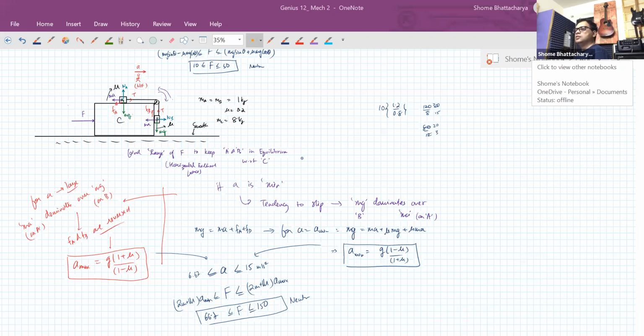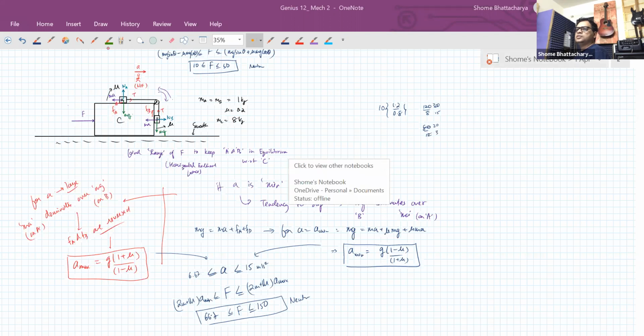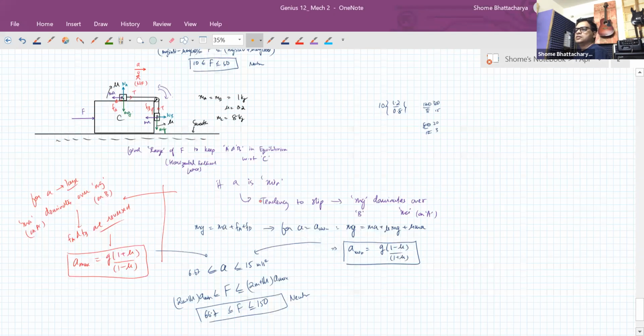So after some time, at some instantaneous time t, A has reached here and B is here. At this particular moment, the velocity vectors are like this.